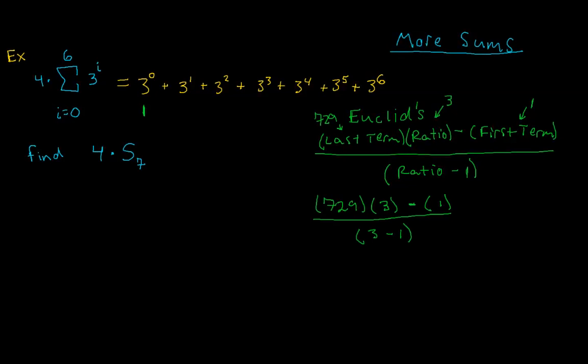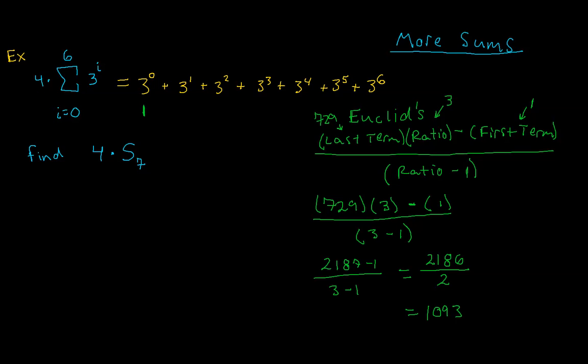On our calculators, 729 times 3 is 2,187. 2,187 minus 1, divided by 3 minus 1, simplifies to 2,186 divided by 2. Going back to the calculator, 2,186 divided by 2, and we get 1,093.